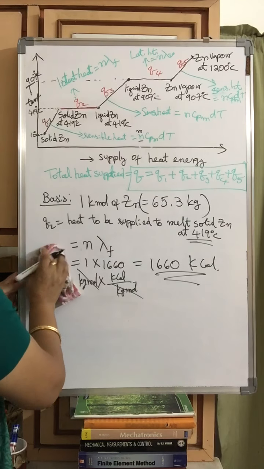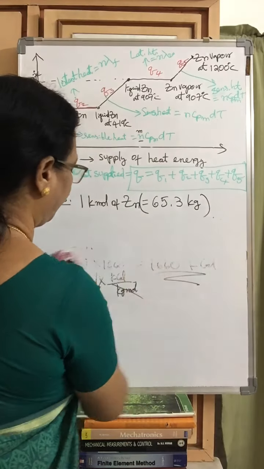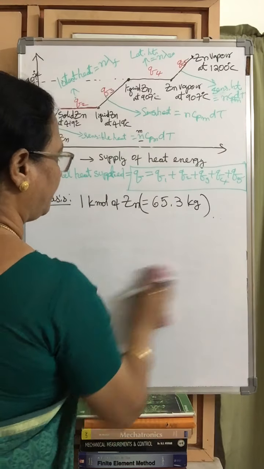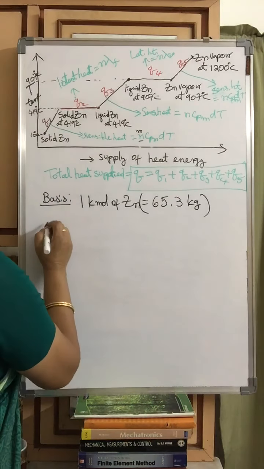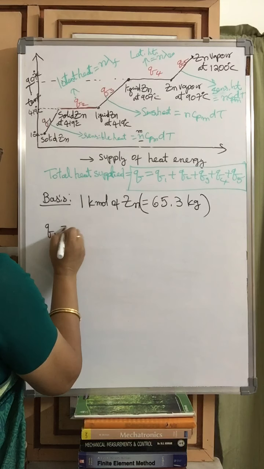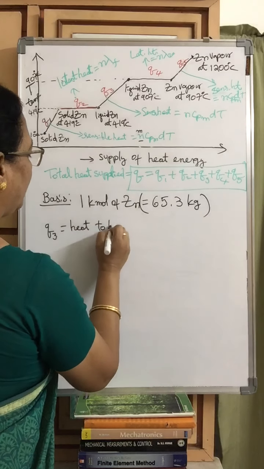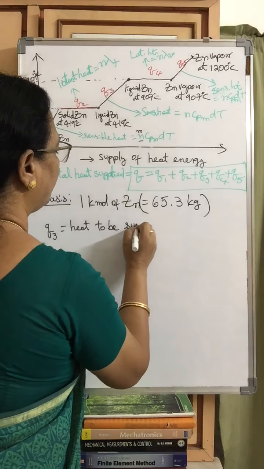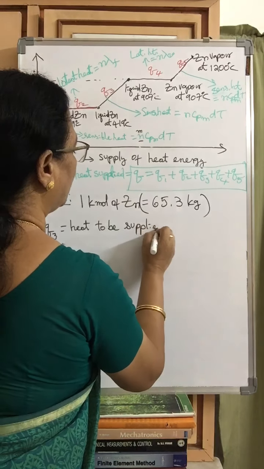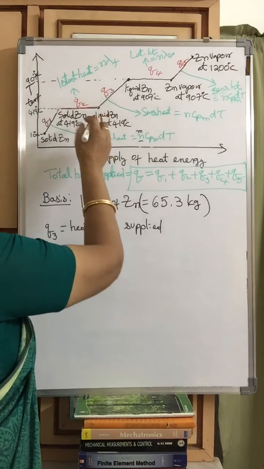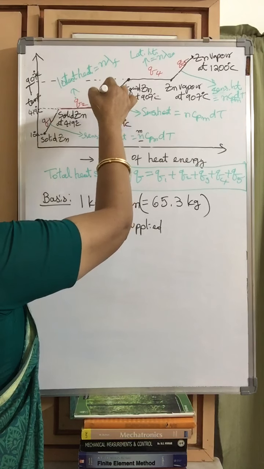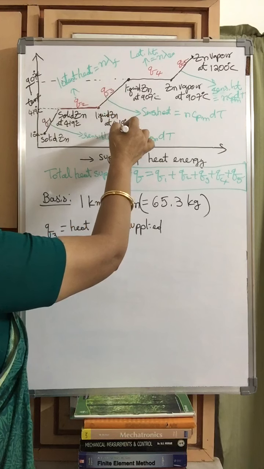Next, Q3. Q3 is the heat to be supplied. Now we have calculated Q2, and we have liquid zinc at 419.